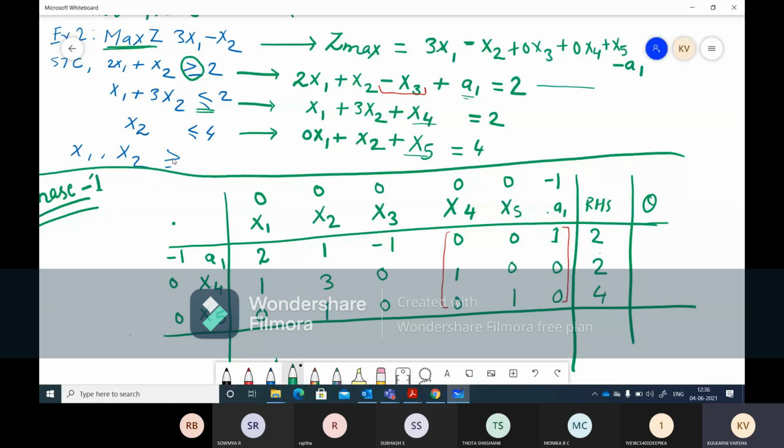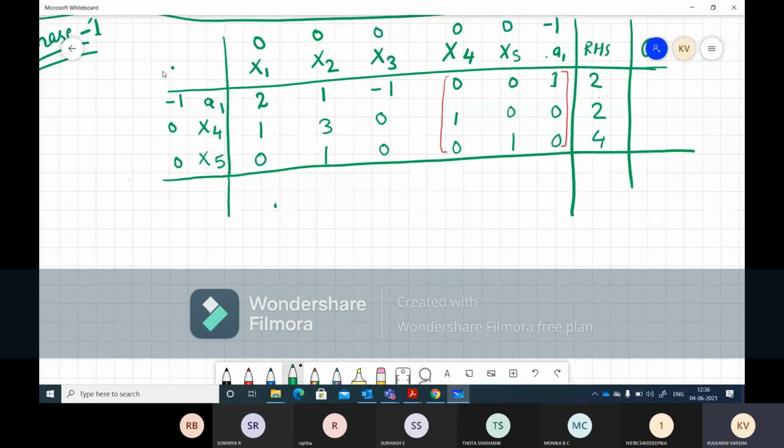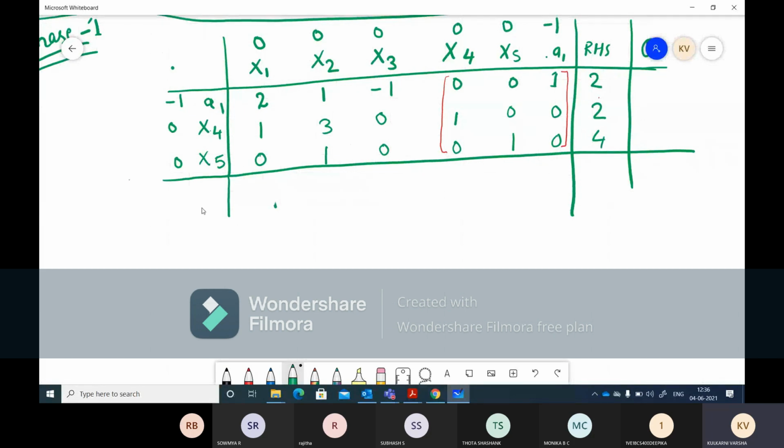So now moving to the Cj minus Zj, first Zj and then Cj minus Zj. So calculate Zj. As this is 0, 0, the calculation with any elements will always be 0, so don't spend your time on that.